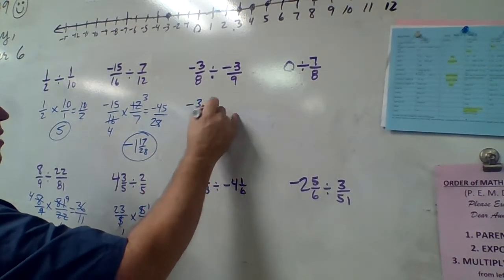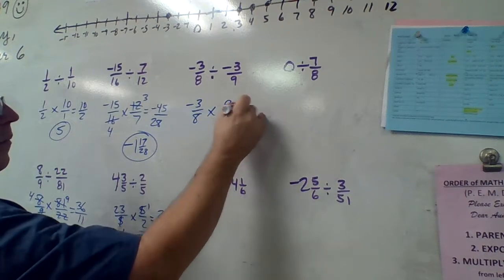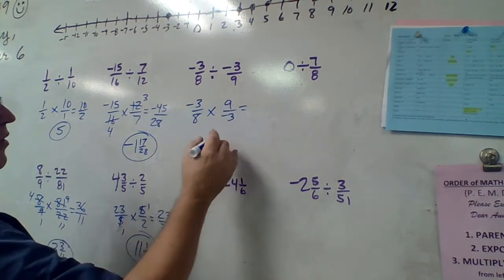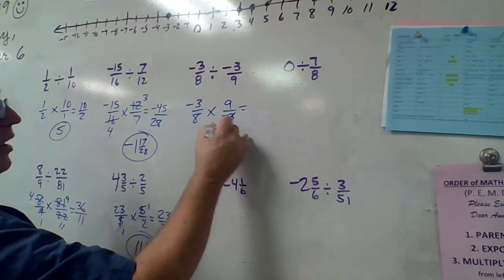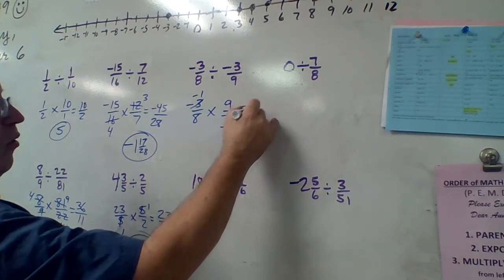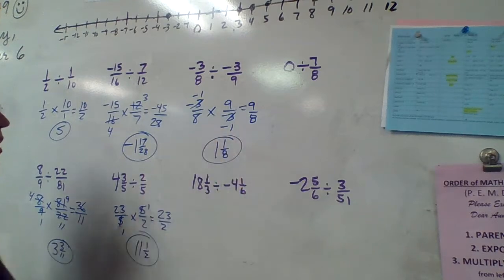Negative times the reciprocal. A negative divided by a negative, or multiplied by a negative, it's going to be a positive answer. I can divide by 3, and I get 9 over 8, which is 1 1/8 when I do the long division.